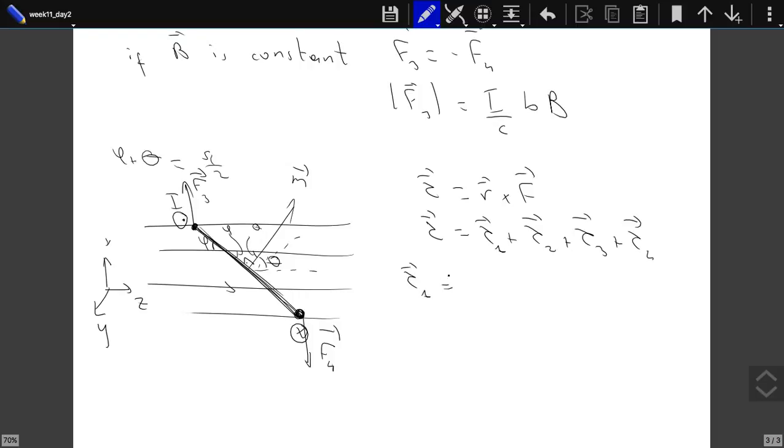Now, the torque due to F1 is 0. Torque due to F2, we've said that they are both 0. Now, the torque due to F3. First of all, what is the direction of the torque due to F3? How do you calculate it? Inside the screen.